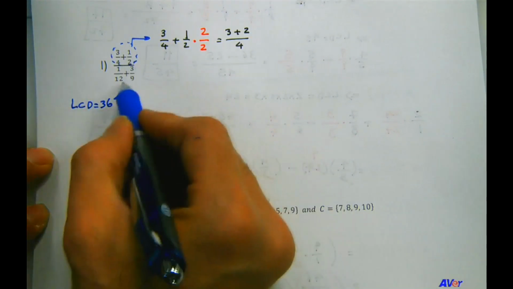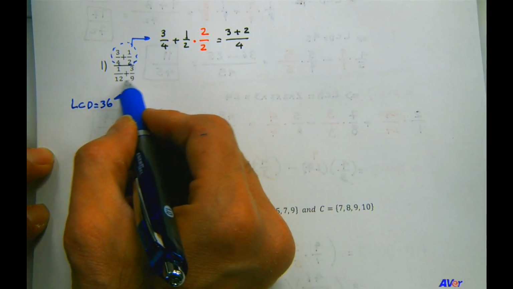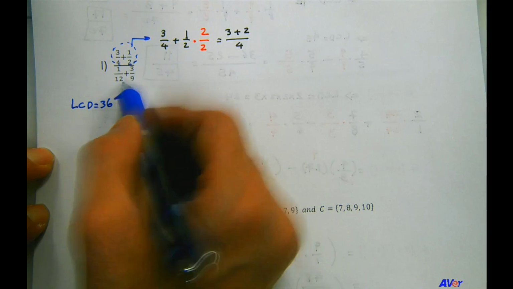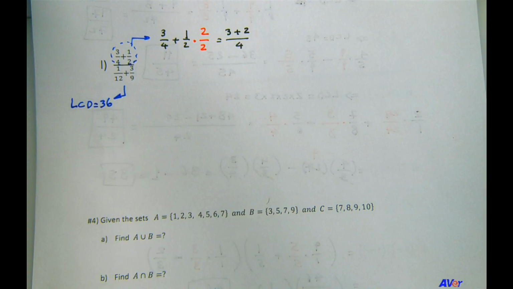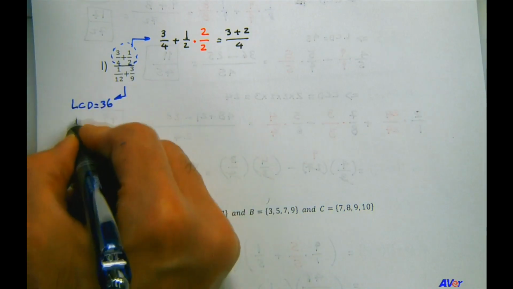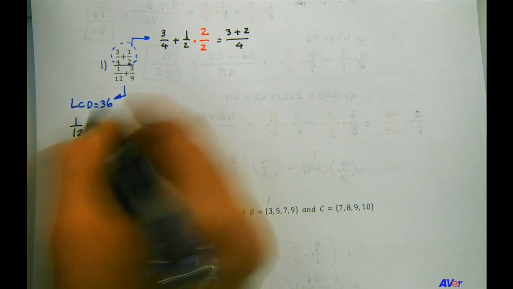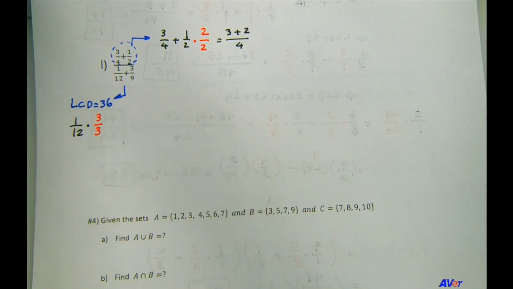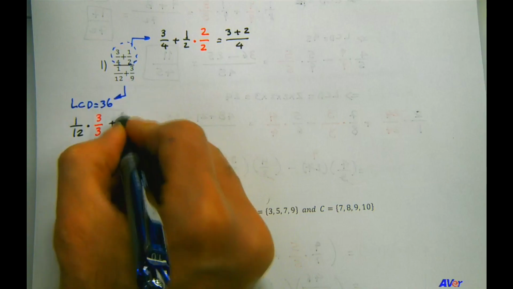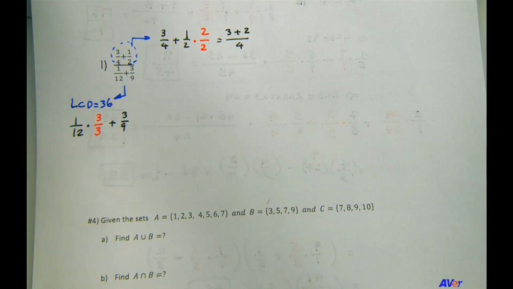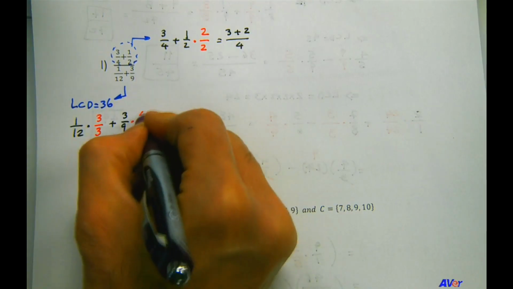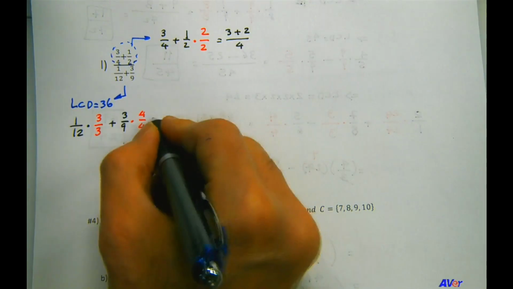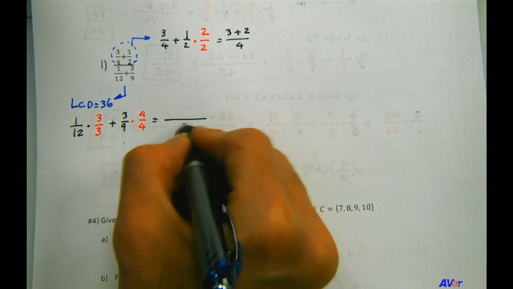That means we need to get these denominators to become 36. So to do that, plus 3 over 9 times 4 over 4, right? That is equal to 36.